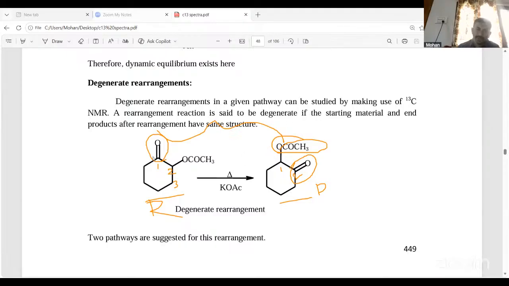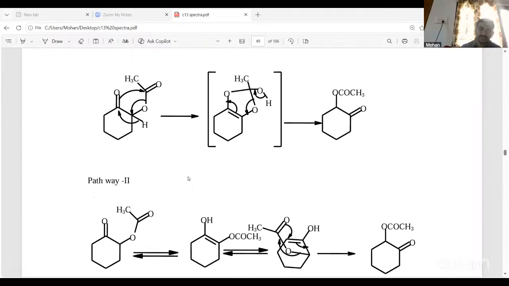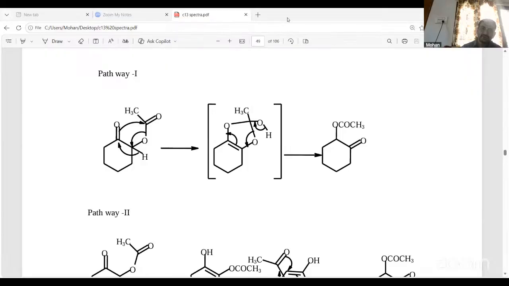By which pathway or how this conversion is taking place can be established by C13 spectrum. So for this conversion, we'll propose two mechanisms, or two pathways, here.